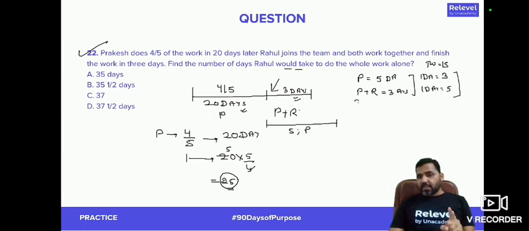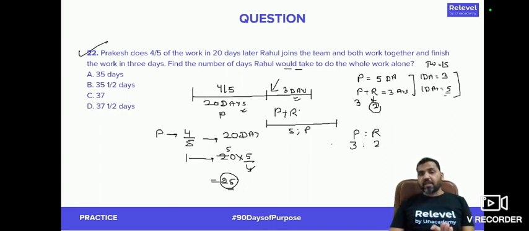So Rahul would be doing 2 units of work. That's the efficiency ratio between Prakesh and Rahul: Prakesh does 3 units a day, then Rahul does 2 units a day.